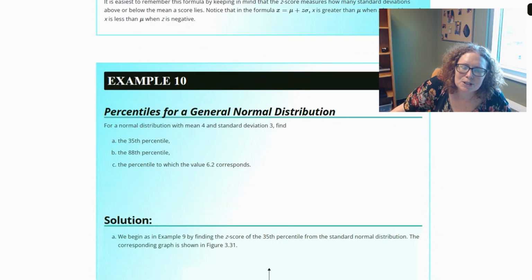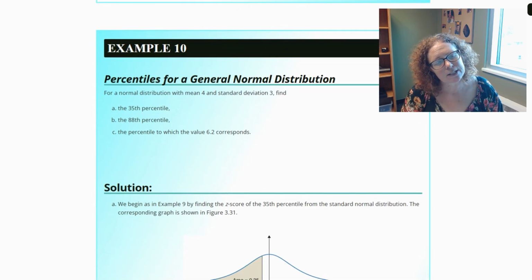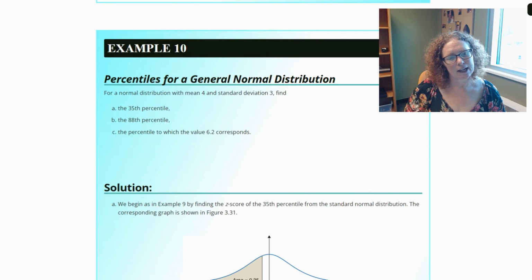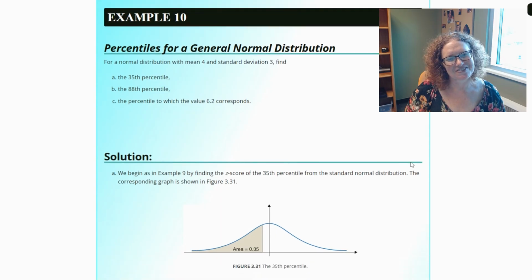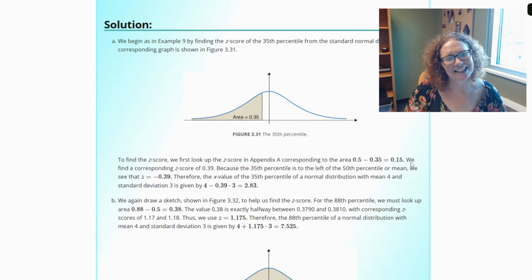So if we have another example, we're looking at percentiles again. We're looking at a normal distribution with a mean of 4 and a standard deviation of 3. And we want to figure the 35th percentile on that. Again, we've got our little sketch, and look at where in figure 3.31 this area falls.